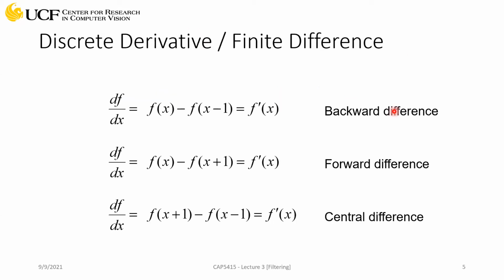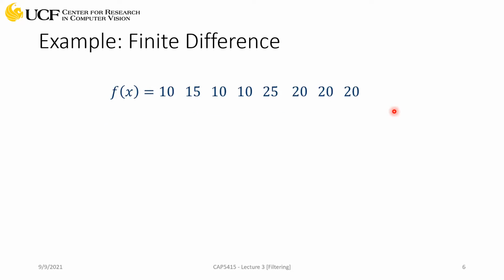Now let's try to compute these derivatives in this very simple example. These arrays here, let's say these are the response from this function f at these different locations. Now we want to compute the first order derivative.